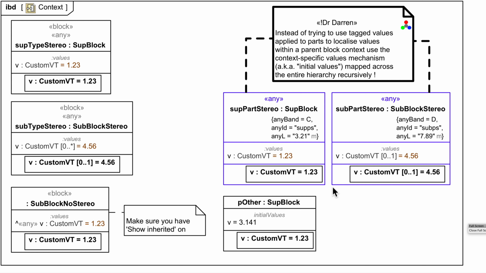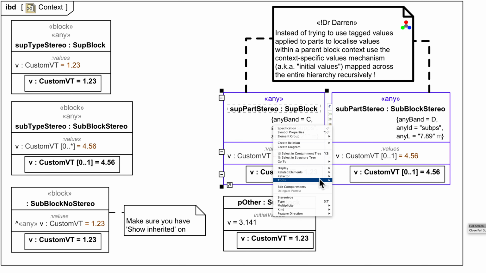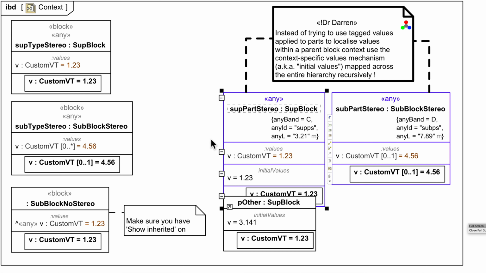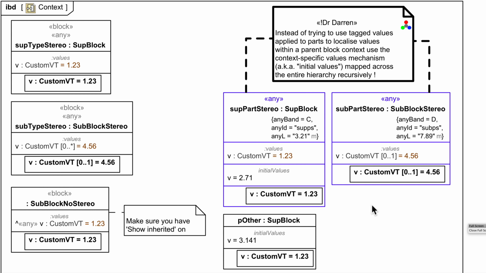So we can apply a context-specific value also to this guy, and it could be different. Tidy them up like this, I might be able to just override it. Whatever. Okay. So I'll just tie that up.